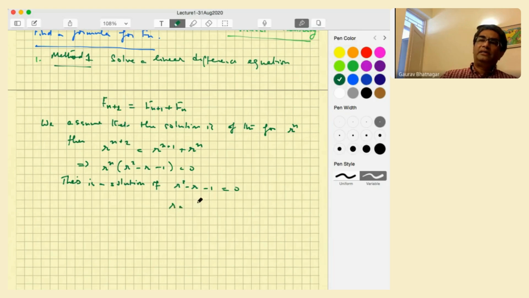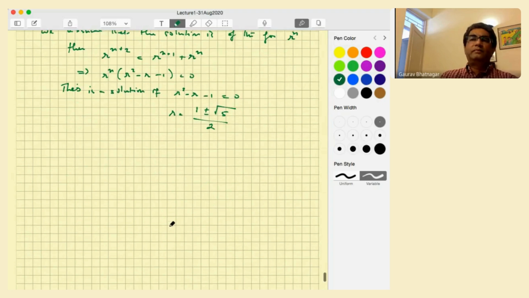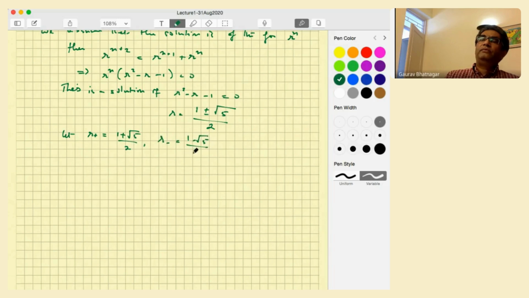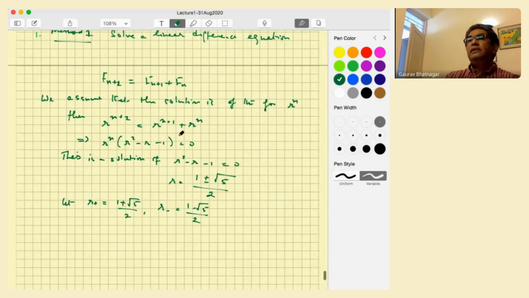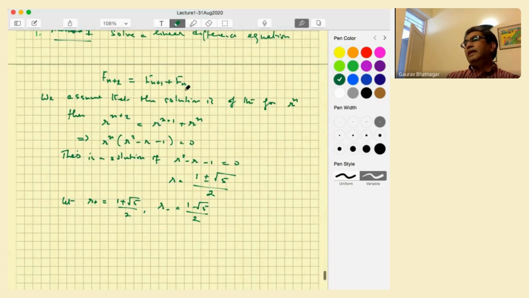So R is (minus b plus or minus the square root of b squared minus 4ac) divided by 2. We have a notation that R plus is (1 plus square root 5) over 2 and R minus is (1 minus square root 5) over 2. So these are particular solutions of this equation.